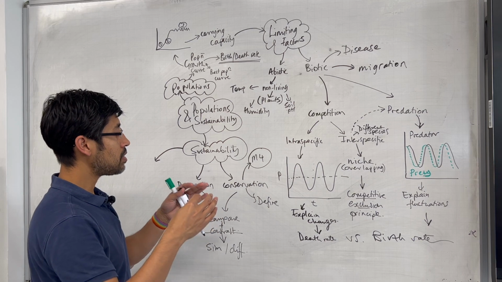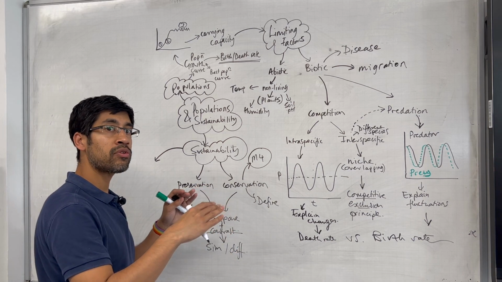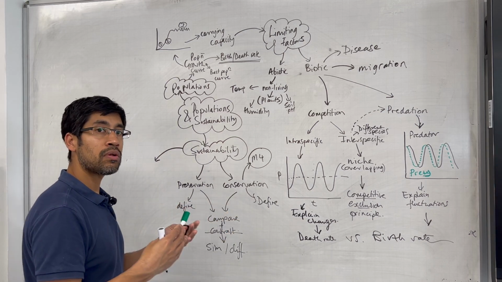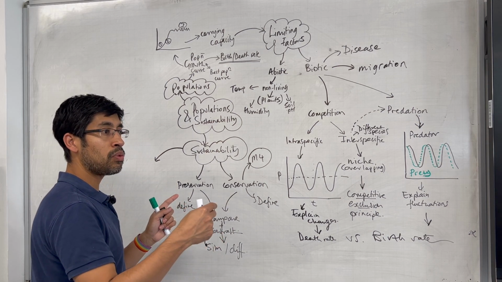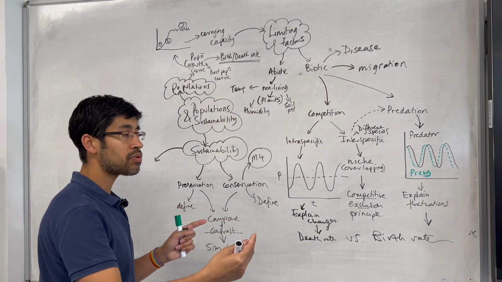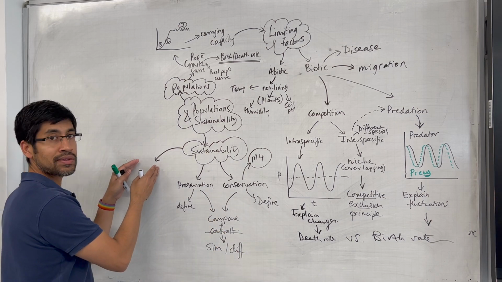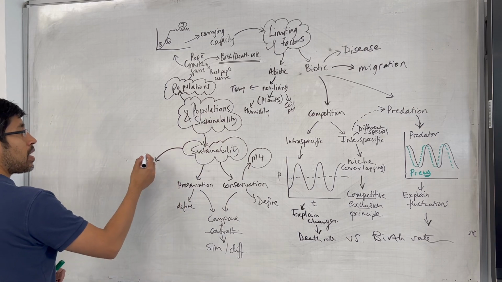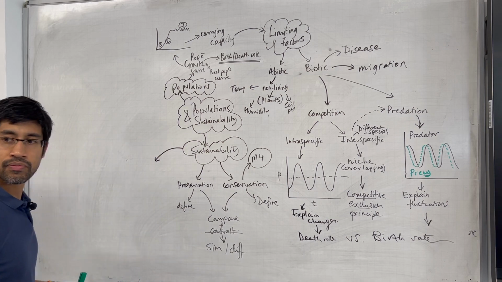Overuse of those resources has resulted in a great loss of biodiversity. That's not just an ethical problem, that's actually a problem because we will eventually run out of our natural resources. Therefore, we must use our resources in a sustainable way, and so we have some examples of that.